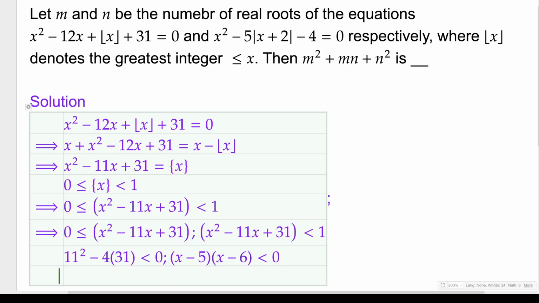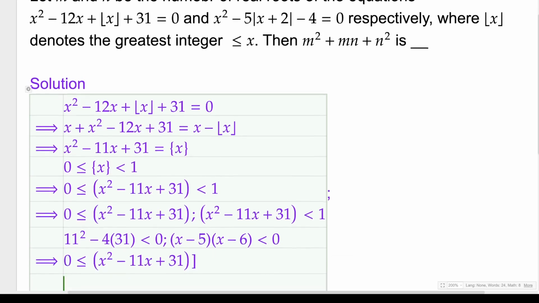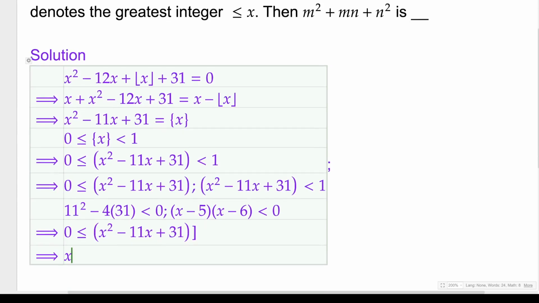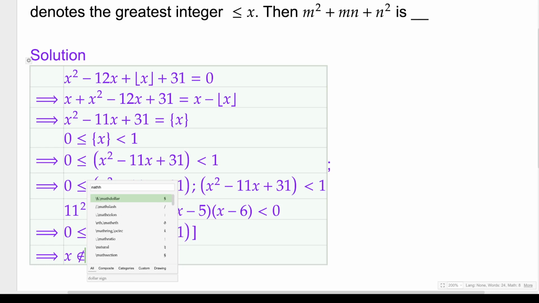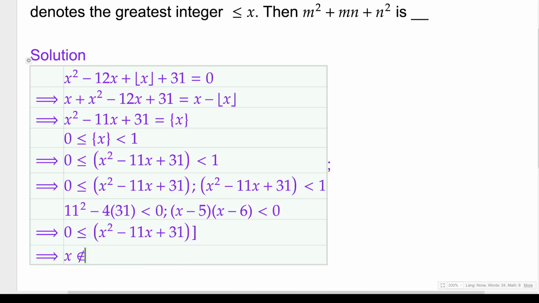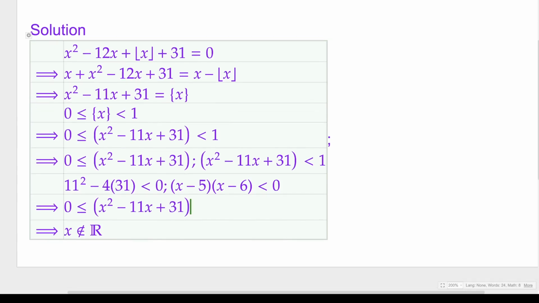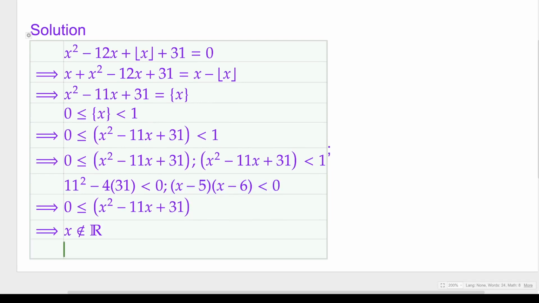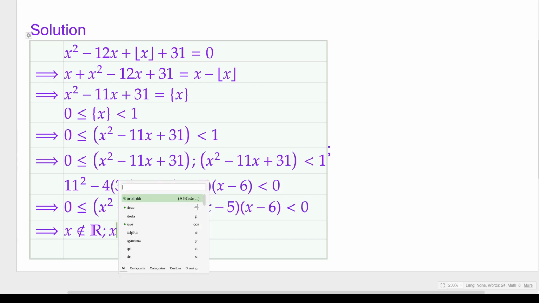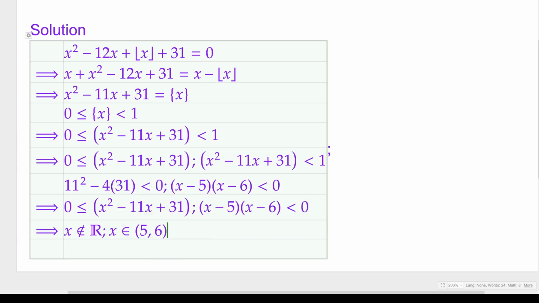So for the first part, we can definitely write that there is no real number in the set of real numbers which satisfies this particular inequation. This is the conclusion. And for the next one, it again says that x can belong to this closed interval from 5 to 6. That is the meaning here.